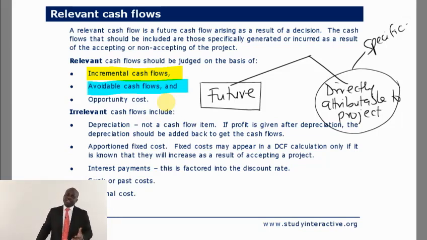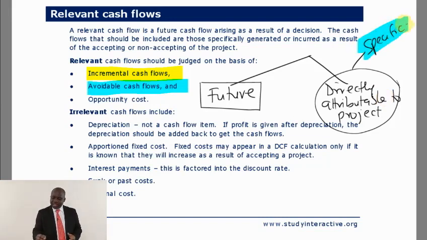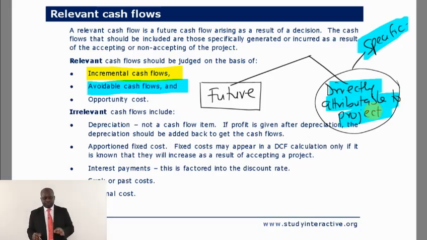However, if you say variable cost is relevant, does it sound that fixed cost is irrelevant? That is the argument. When we were talking about the characteristics here, we said that cash flow will be relevant if it is incurred specifically or is directly attributable to the project.